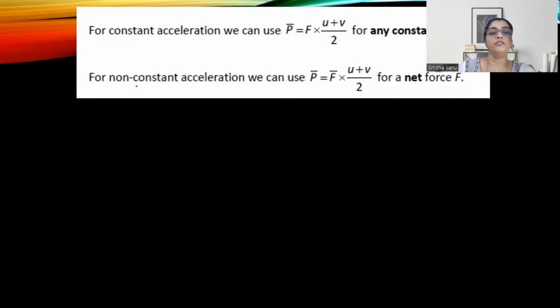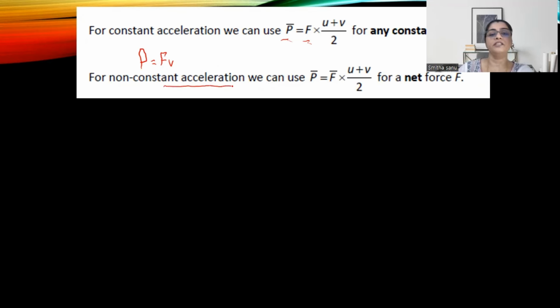There we derived that power is force into velocity. Now, what is average power? Average power is, when you have a constant force, the first scenario, with the change in velocity, you take an average. The next concept is when the acceleration is not a constant.